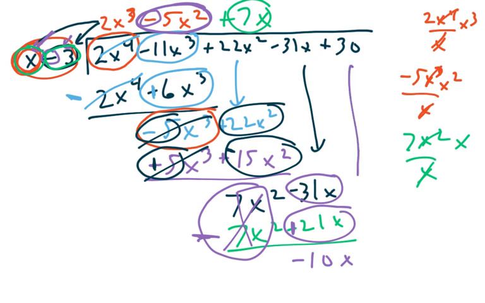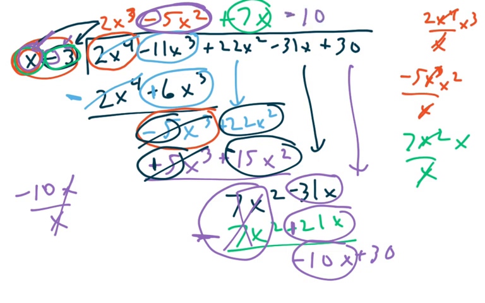I now bring down my 30. This time, I have a negative 10x, right? And if I'm trying to divide by an x term, you could see the x's cancel, so I know I'm going to do a negative 10 here. So now let's do it.